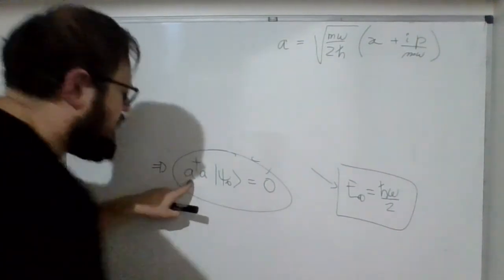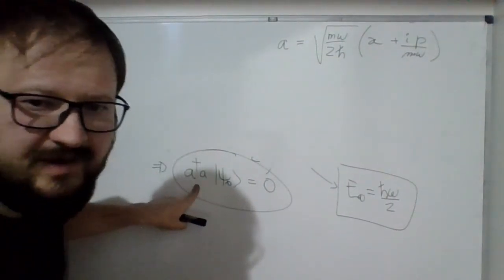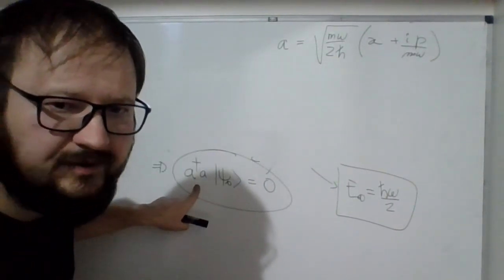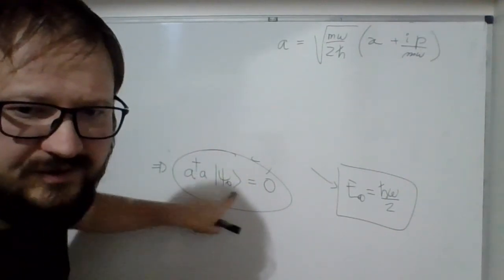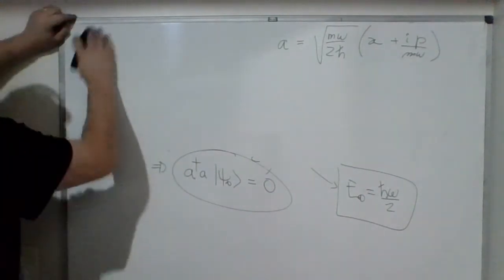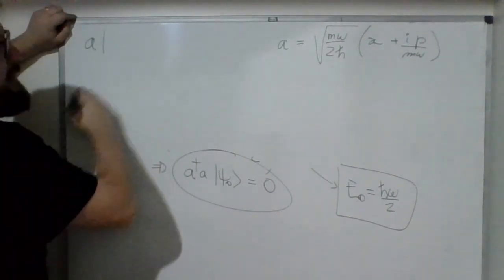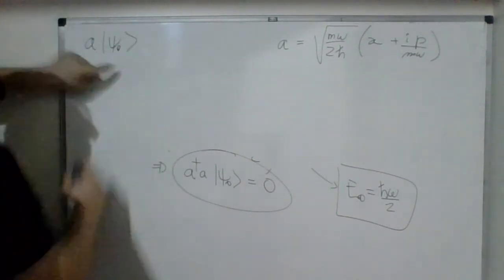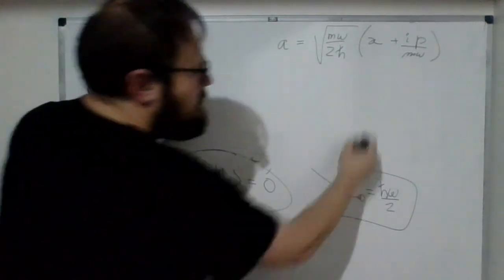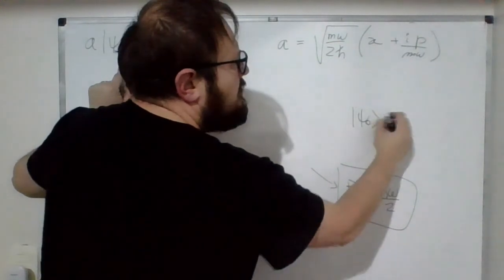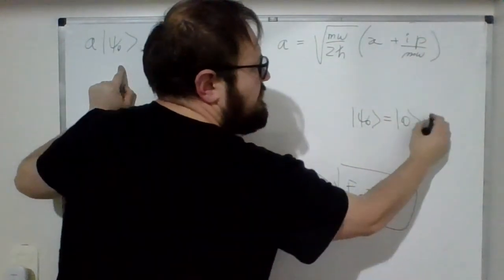If both operators can be represented as differential operators, it just suffices to do the job that A operating on this vacuum eigenstate, so let us call this psi 0, just 0, which is the vacuum.